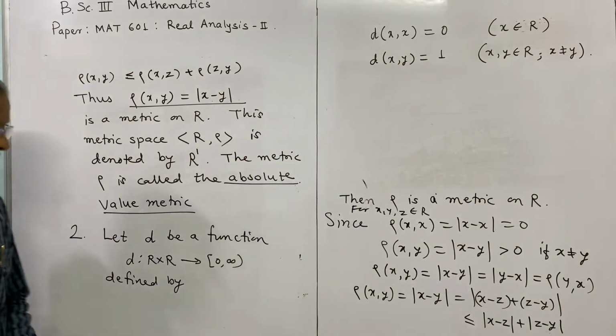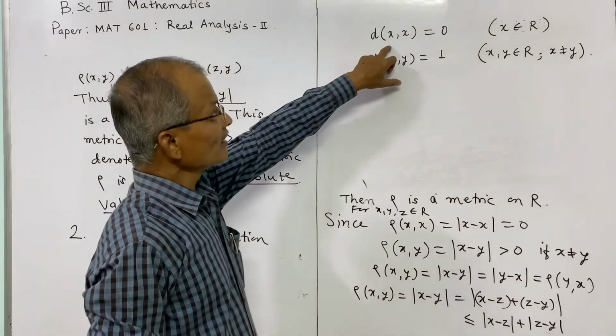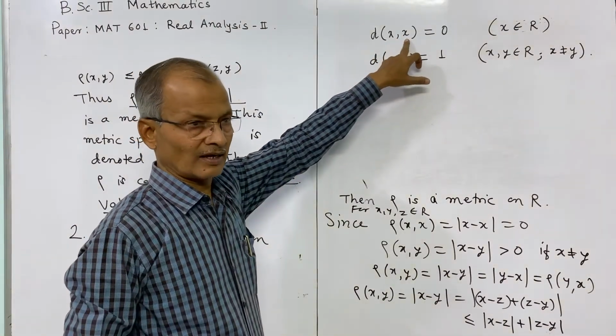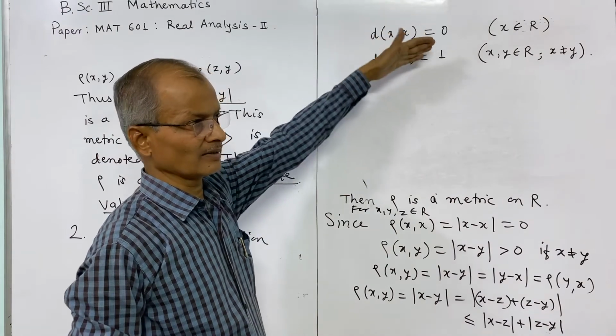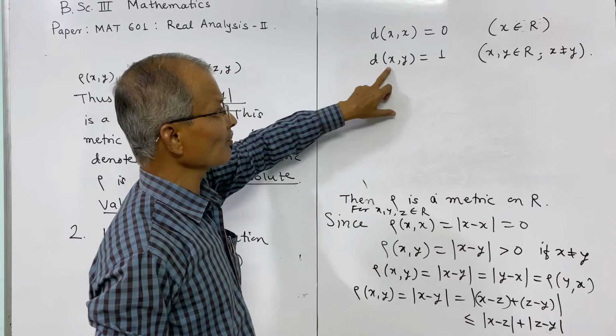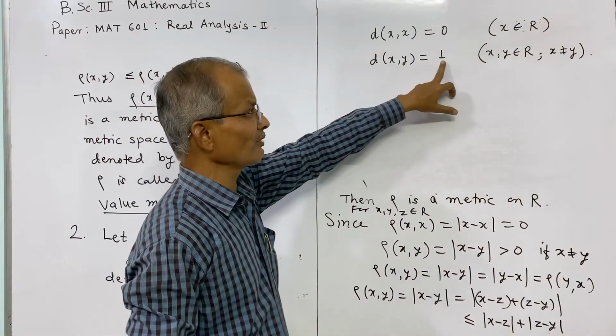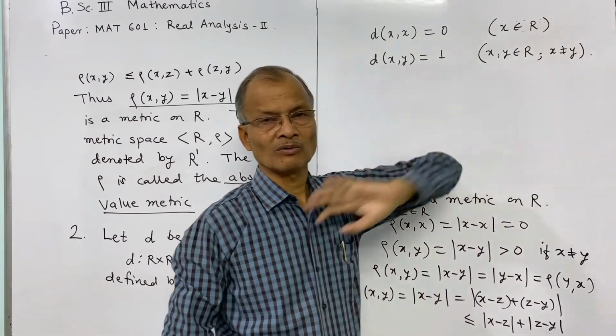See, this is the function defined having two definitions. Distance between x and x, that is a point and itself, is 0. It's obvious. And distance between x and y is 1, fixed to be 1, when x is not equal to y.